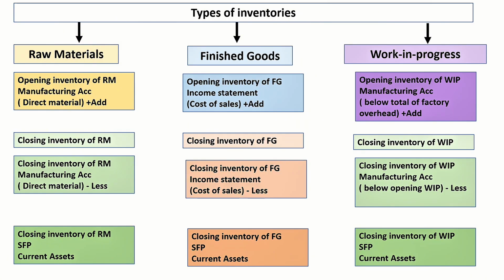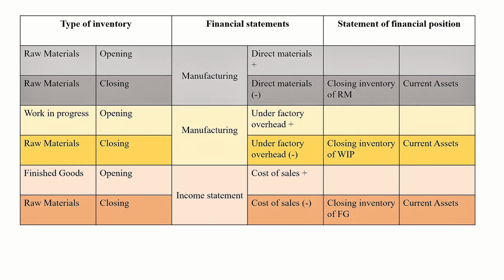Furthermore, the closing inventory of raw materials, closing inventory of finished goods and closing inventory of work in progress reflects in the statement of financial position under current assets. This is a summary table in order to understand the type of inventory, where exactly it gets transferred, do we add or deduct, therefore under which section, and how does it reflect in the statement of financial position.